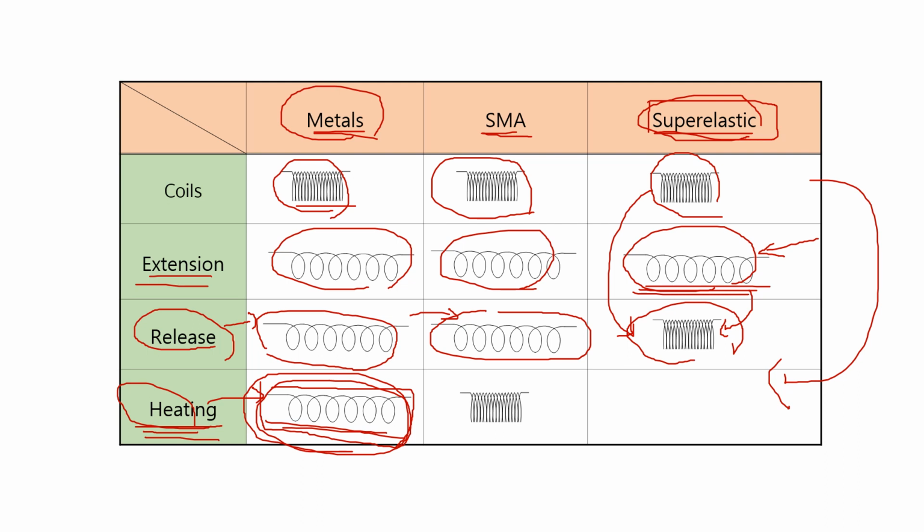However, the shape memory alloy coil, even if permanently deformed by external force, returns to its original shape if we heat it above the transformation temperature. That is the property of the shape memory alloy.